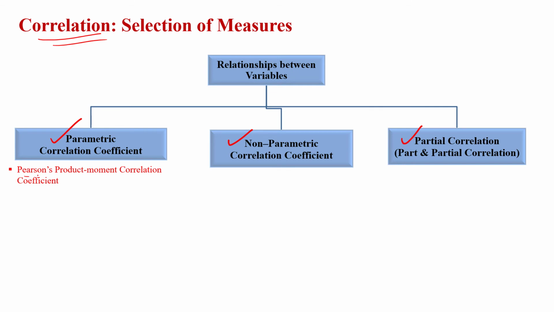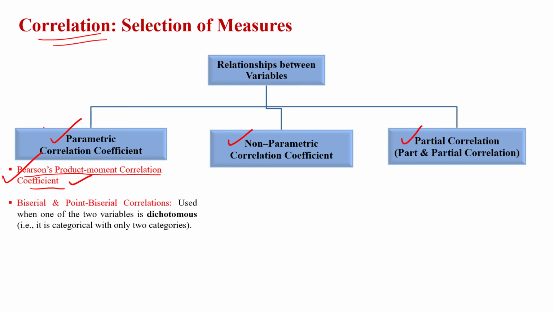In order to apply the Pearson product moment correlation coefficient, which we calculated using Excel earlier, both variables must be quantitative, and both variables must follow the normal distribution. Then you can apply the Pearson product moment correlation coefficient.